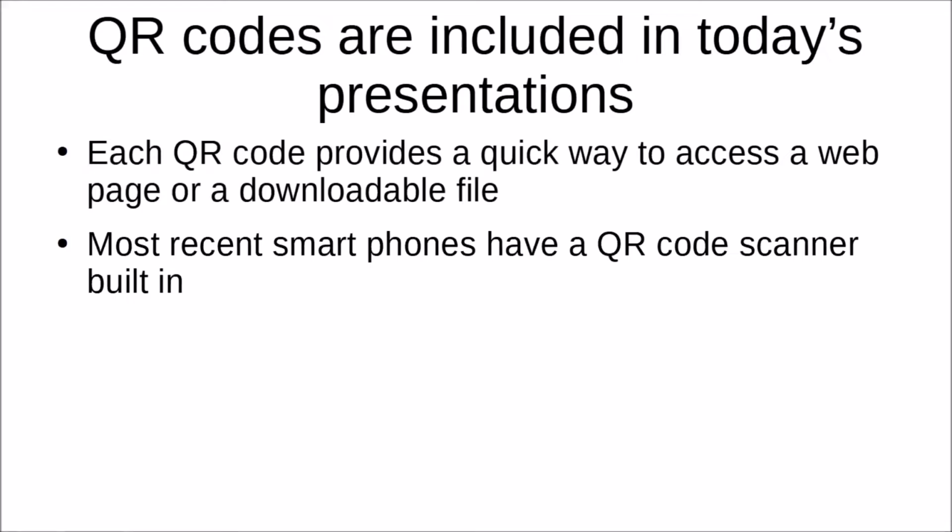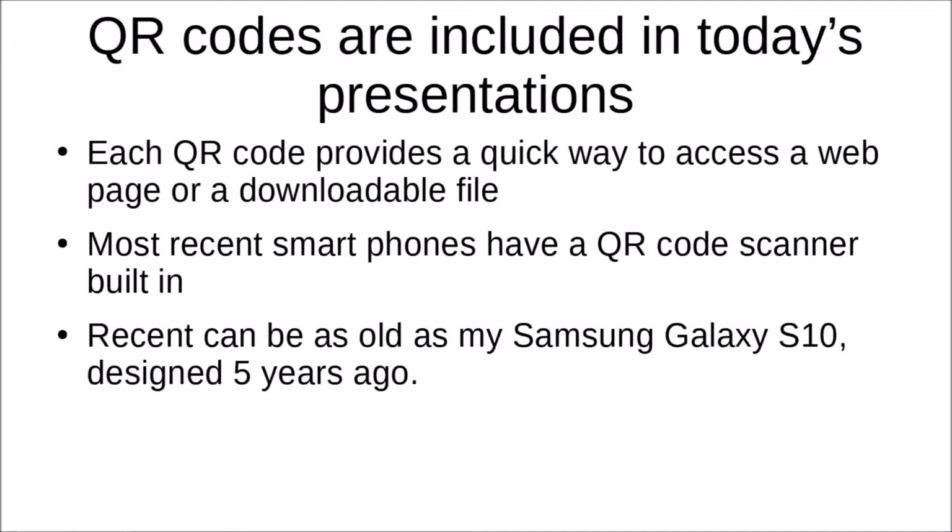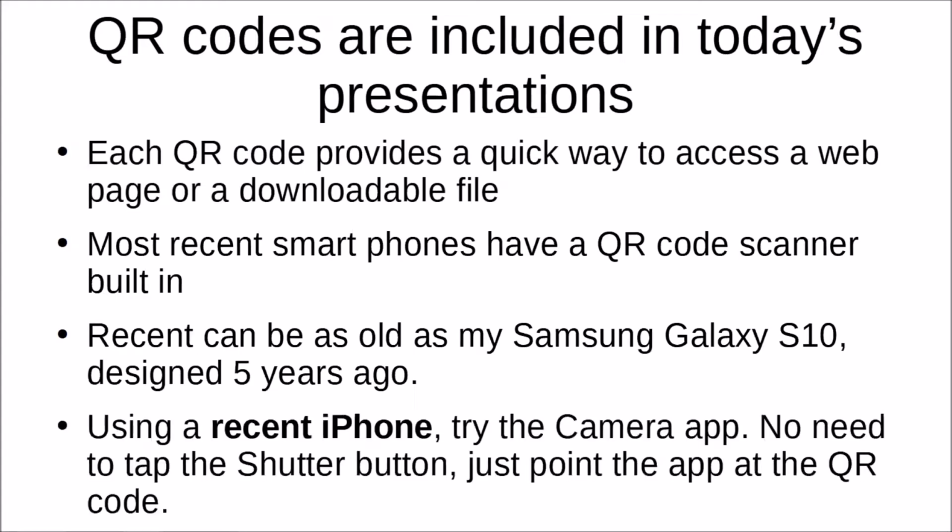Very important, most recent smartphones have a QR code scanner built in. You may not be aware of it, but it's there if you have Android 11 or 12 or iOS 15. Recent can be as old as my Samsung Galaxy S10, which was designed 5 years ago, but in Android 11 and 12, it has a built-in QR code scanner.